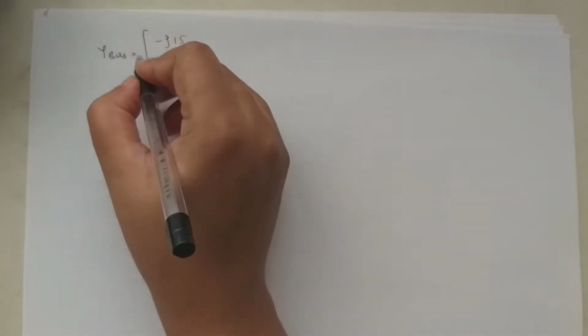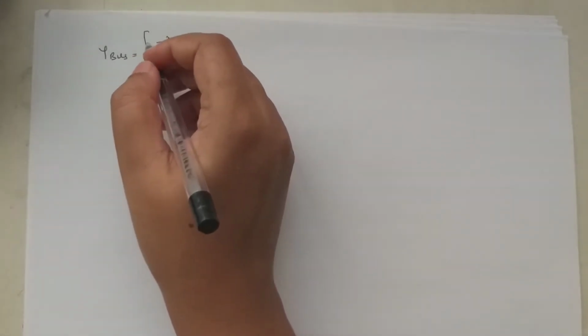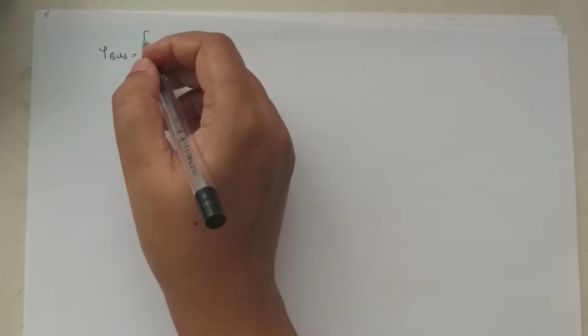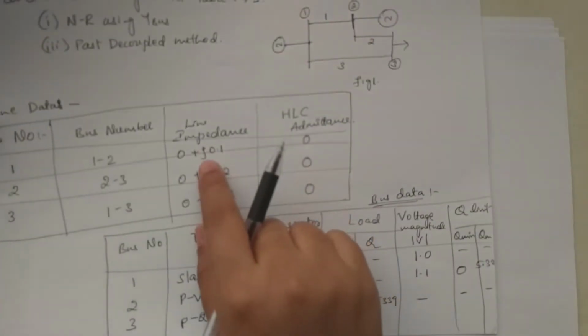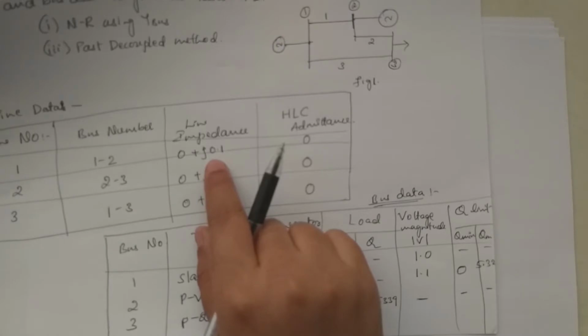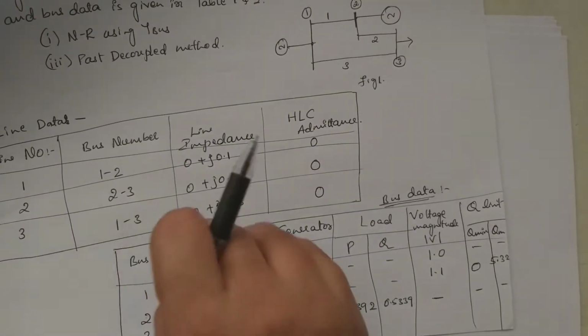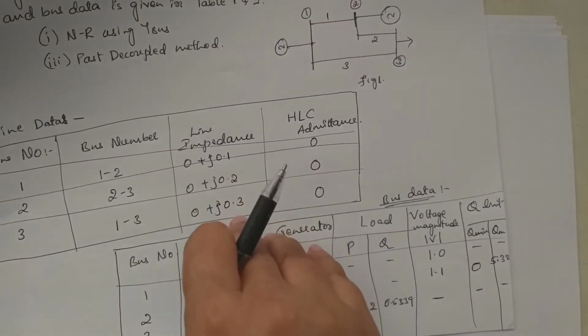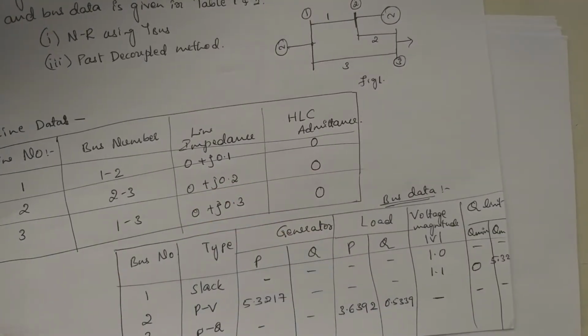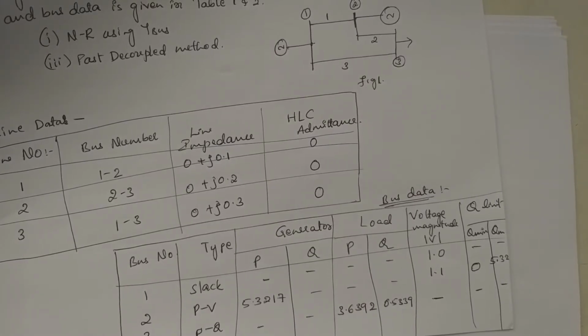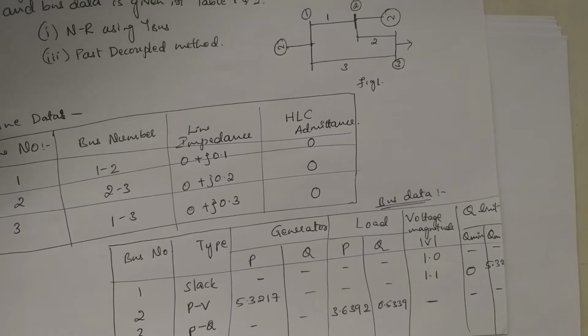First we have to form the Y bus. Y bus can be formed by the rule of inspection method. The inverse of Z12 is minus j10, the inverse of Z23 is minus j5, and the inverse of Z13, small y13, which is j0.3, is minus j3.33.